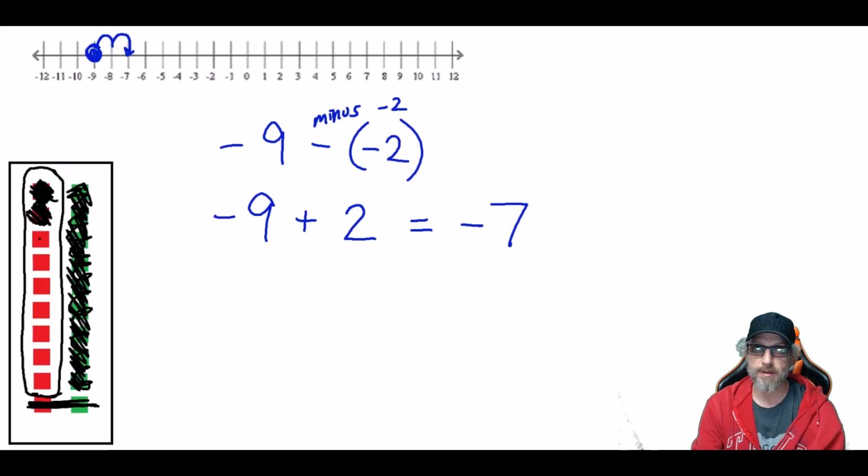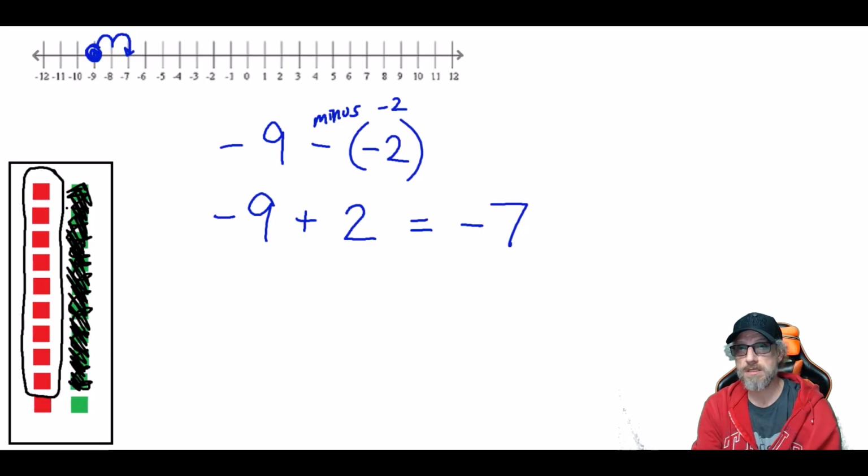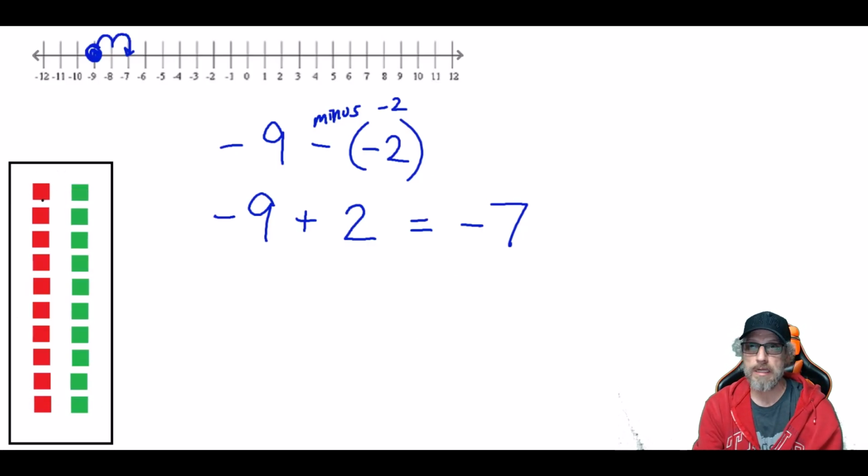And what are we left with? 7 red units for our answer, -7. So just for closure, for consistency, to be comprehensive, we show how the visual aid does work with subtract, but we will continue to get in the habit of not subtract, but add the opposites.